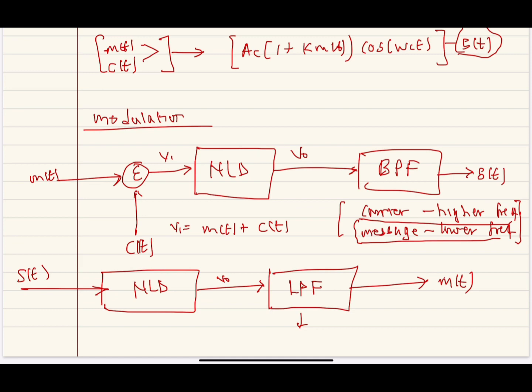That is, it allows lower frequencies to pass whilst blocking any other frequencies. So in this way, we'll be able to extract our message signal from the modulated wave signal. So this is about demodulation.